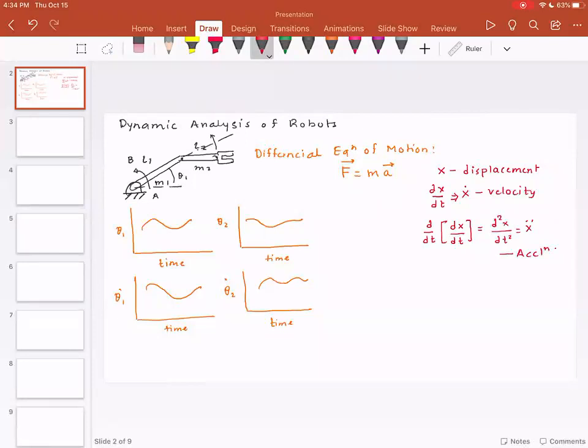Now, if I were to write this equation something like this, say f as a function of time is equal to mass times x double dot, this is nothing but a differential equation.